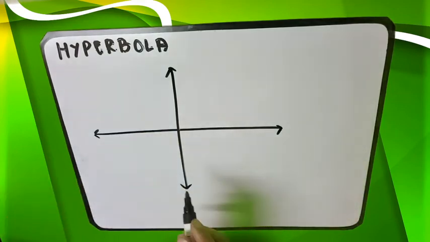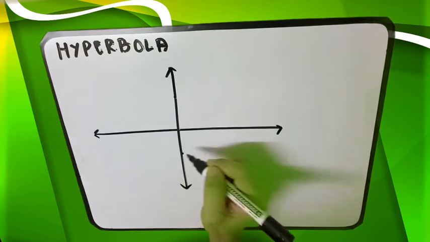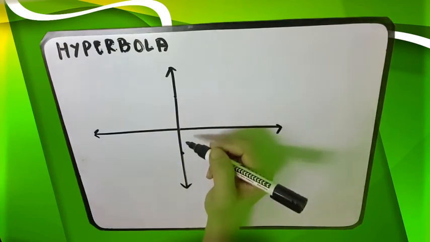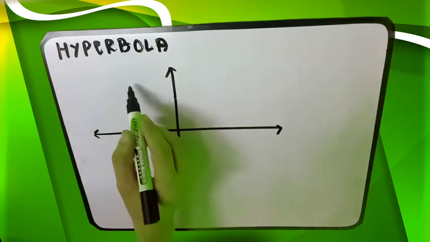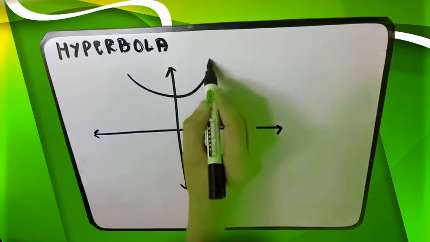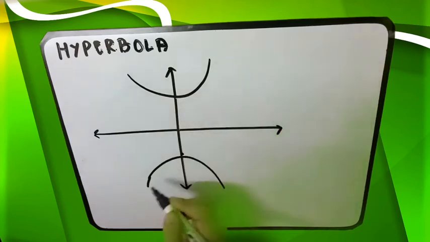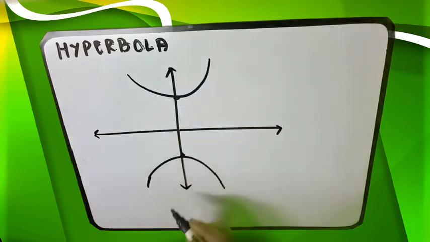Pag nagfo-form ng hyperbola, inuuna natin yung vertices. Halimbawa, ganyan yung itsura ng hyperbola. So, automatic, ito yung vertices, nasa y-axis siya.